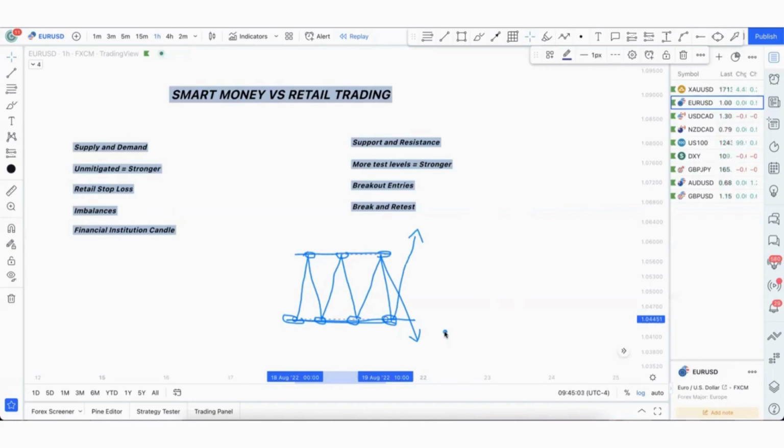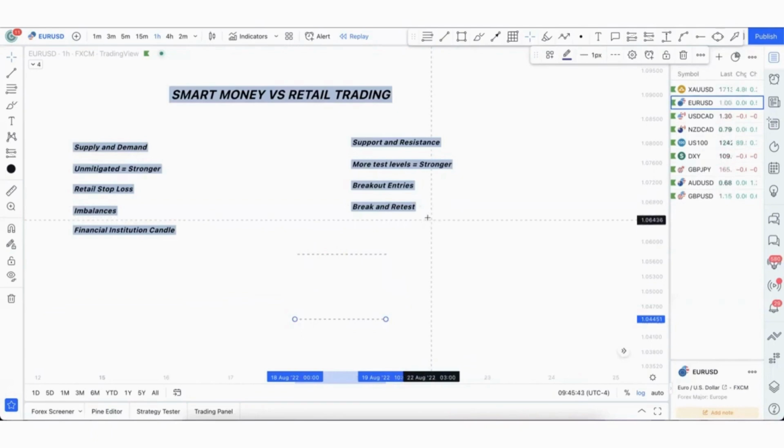But as institutional traders, that is not what it means. This type of strategy is less likely to work anymore.